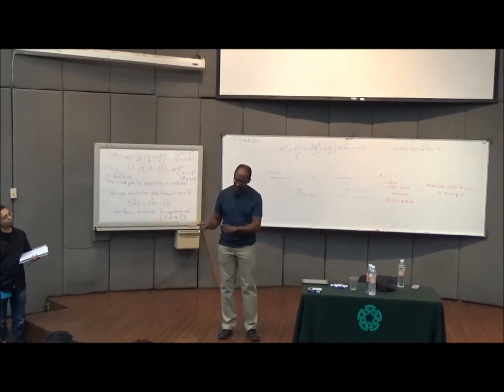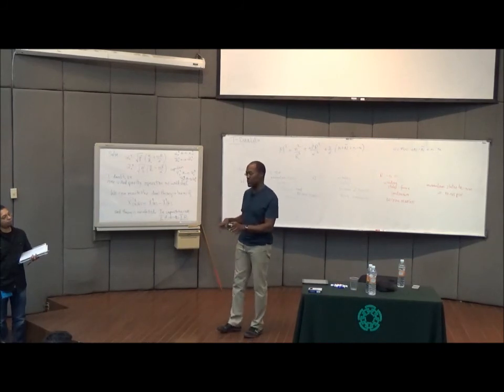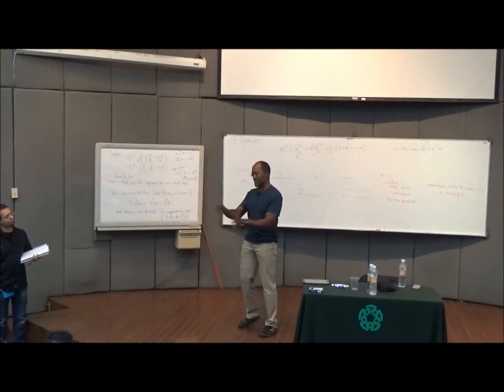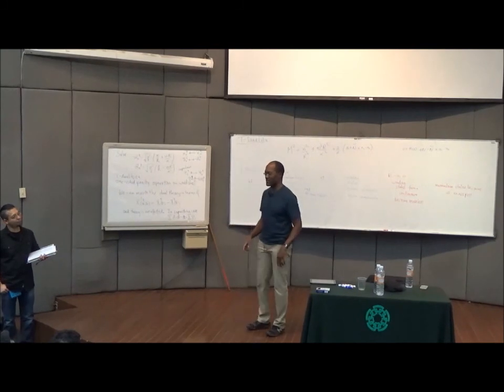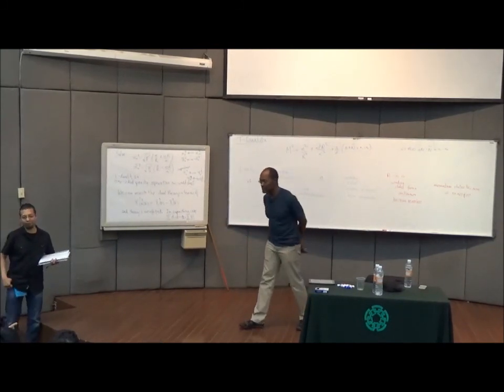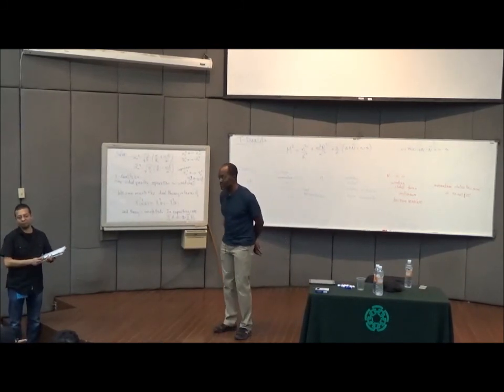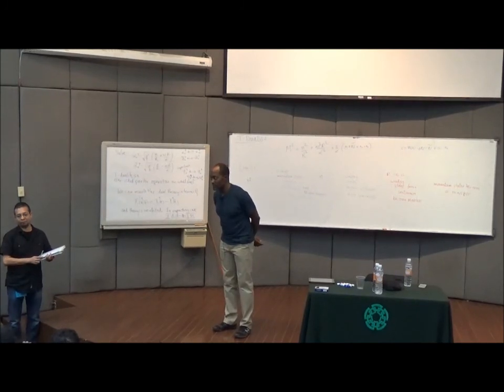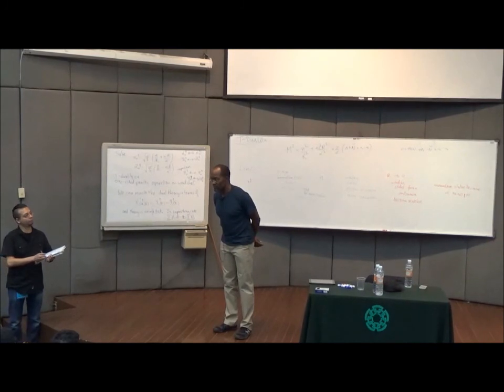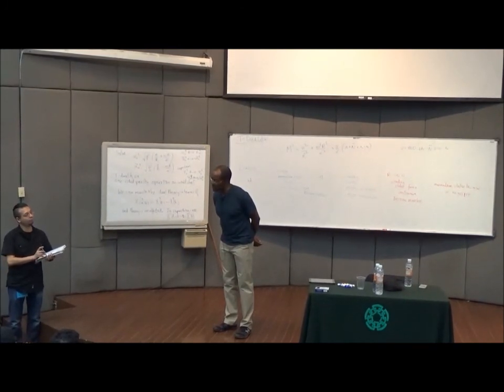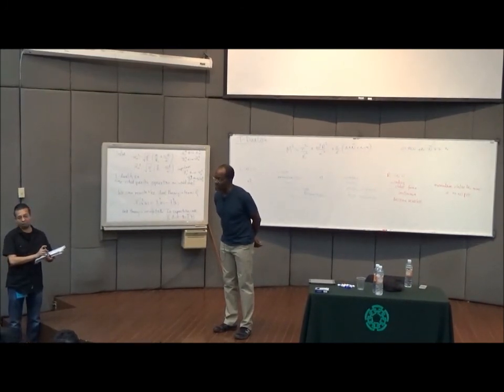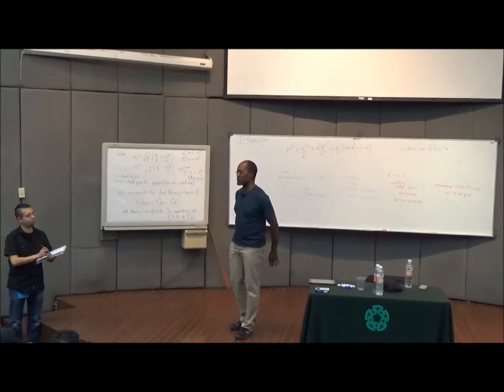I need to be careful. There's some dressing we need to do, but it's on the way there. I use Schur's lemma on the m, not the lambda, by virtue of the fact that the lambda is a complete set.